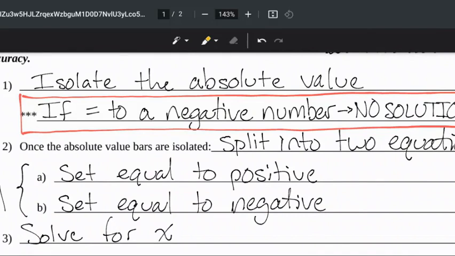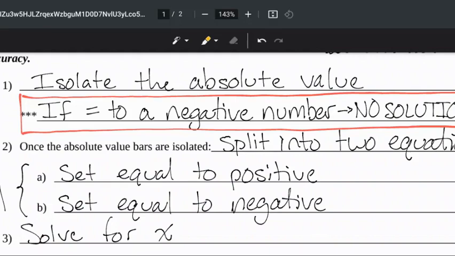If it is equal to a negative number, it is automatically no solution, because an absolute value cannot come out to be a negative number; it's the distance from zero, and distance can't be negative. So only after we isolate, if the answer is negative, then it is no solution. We stop the problem right there and write no solution.